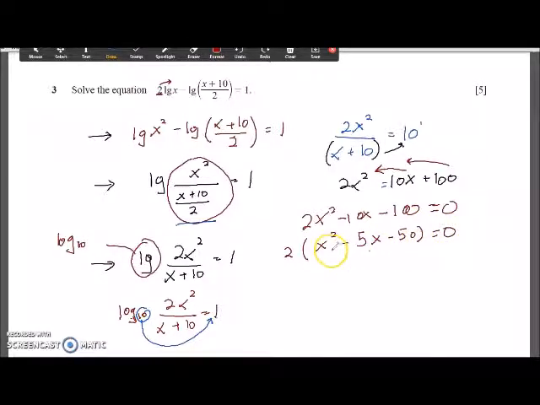We factorize further this. It's supposed to be 5 here, and it becomes 10. Now you will have two answers. x is negative 5 and x is 10.